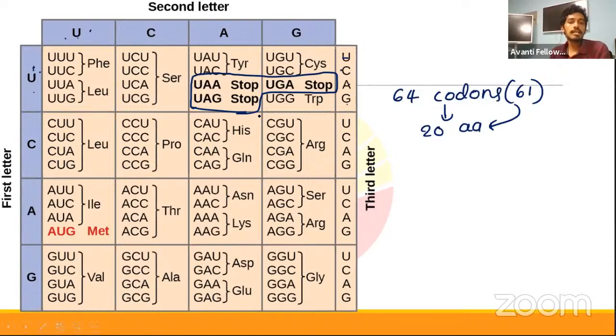If you go to the biomolecules chapter in chemistry, you will learn more about these amino acids: their structure, and which are acidic amino acids, basic amino acids, aromatic amino acids, and so on. But in biology there is no need for the structure.